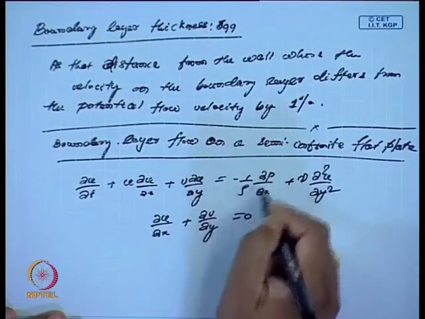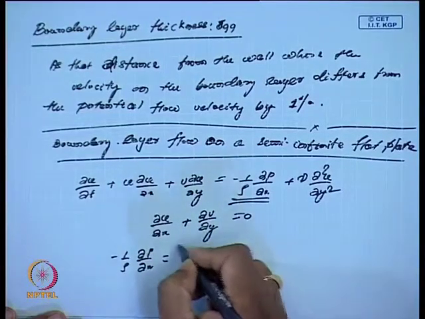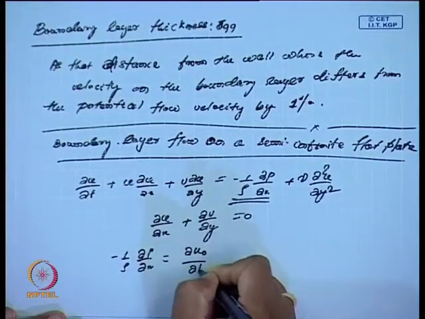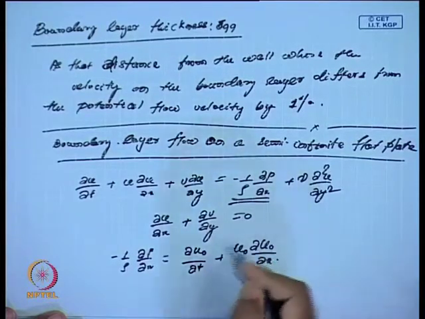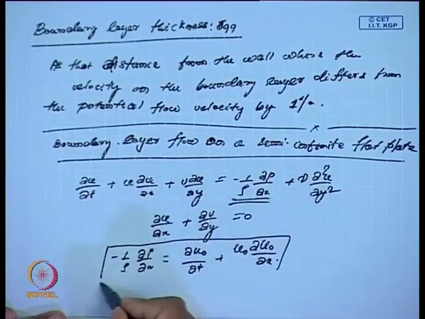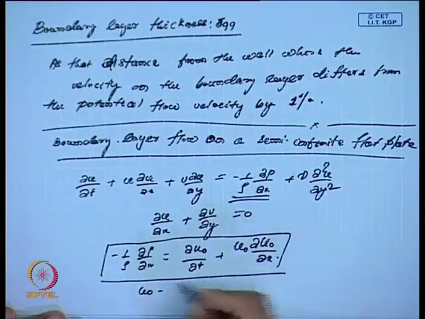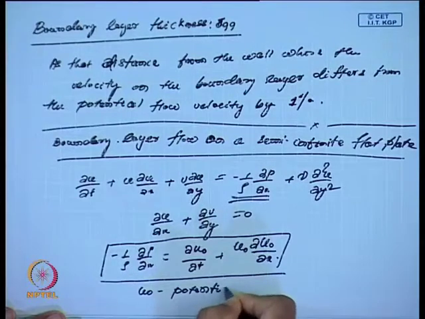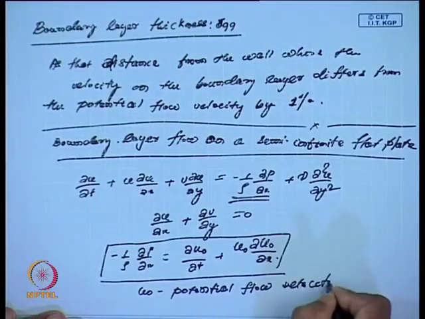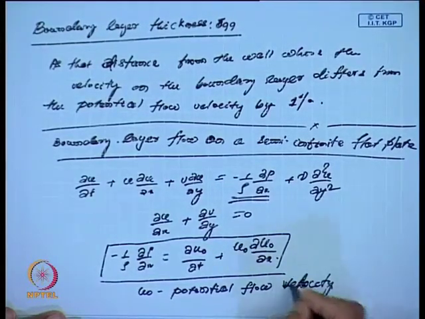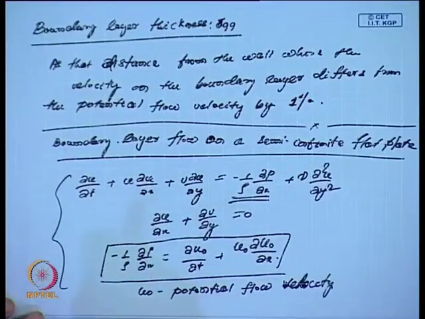Here, minus 1 by rho del p by del x is nothing but del u naught by del t plus u naught del u naught by del x, and u naught is the potential flow velocity.